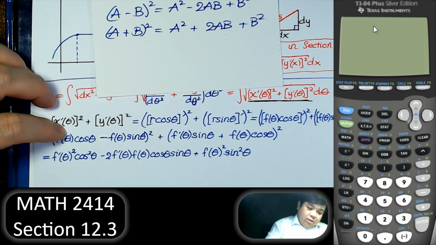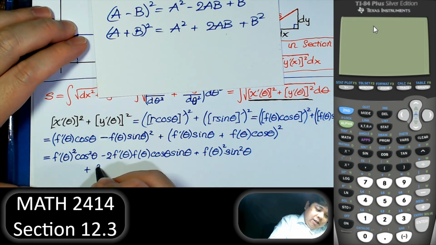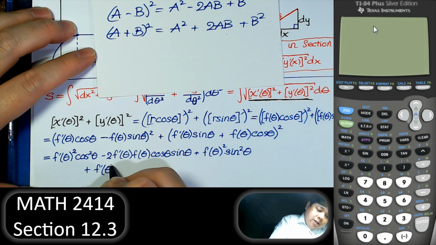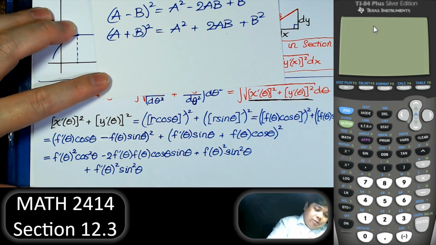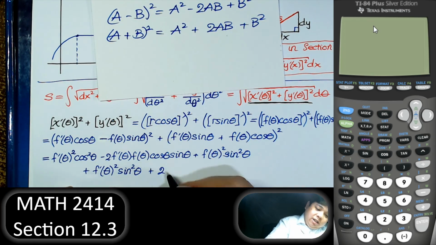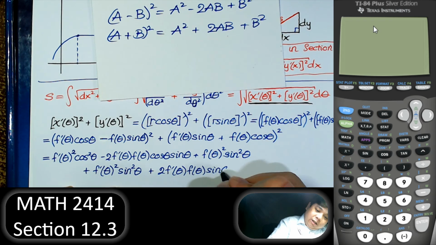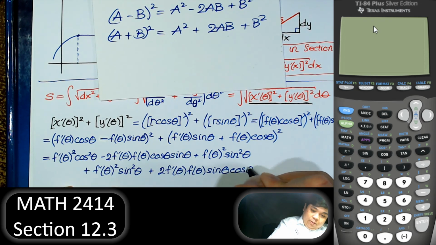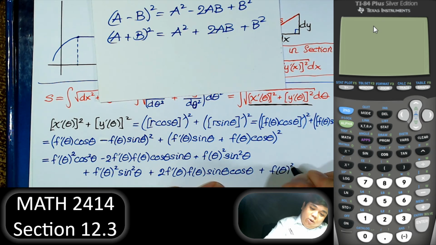Now I'm going to square the second. A square, derivative square sine square. Now plus 2 times a times b, derivative function sine cosine, and then plus b square, the function square cosine square.